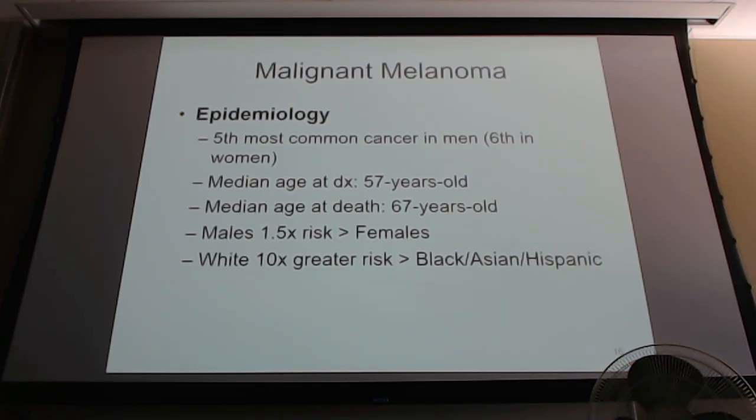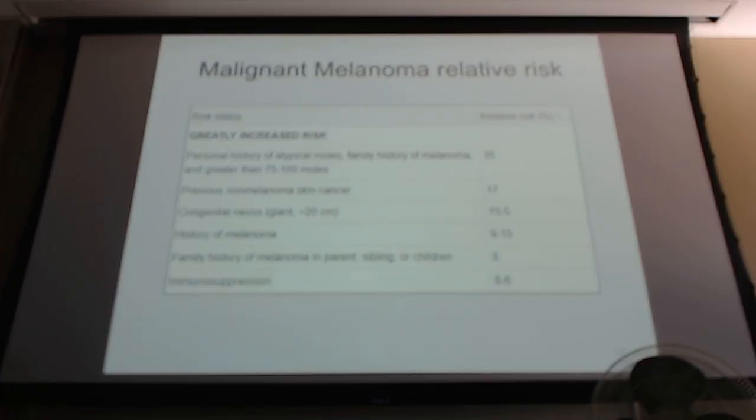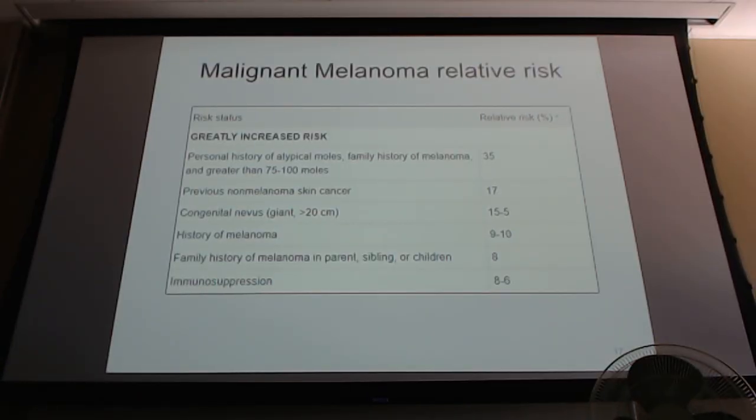Males a little bit more because, you know, they will be running around outside. We know there's a 10 times greater risk for Caucasians than for us Hispanics, Asians, and blacks. This is a percentage rate right here, okay?